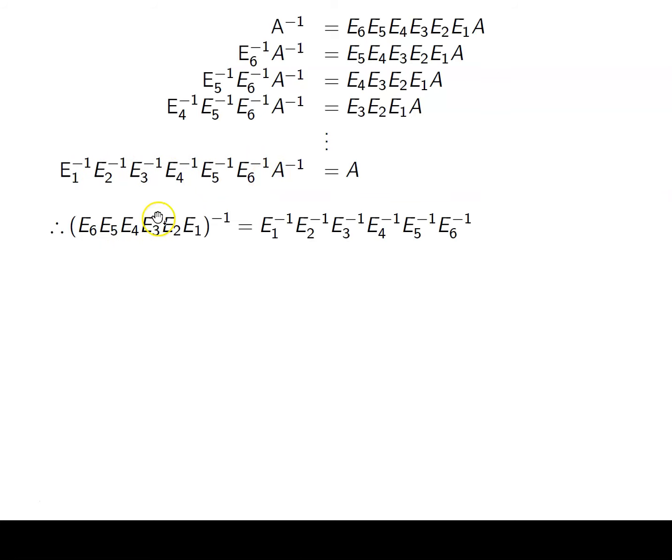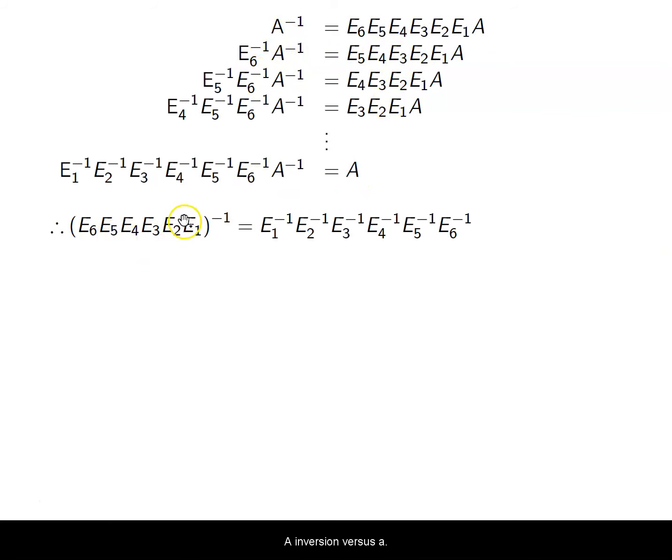Okay. So if I multiply A inverse, so what I'm showing here is that A inverse is the same as these elements. Okay, if I wrote A inverse, I would have these elements.